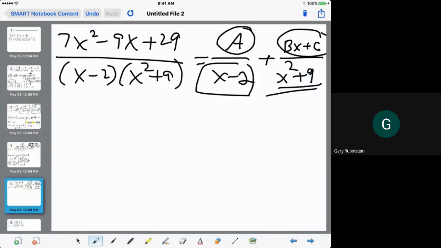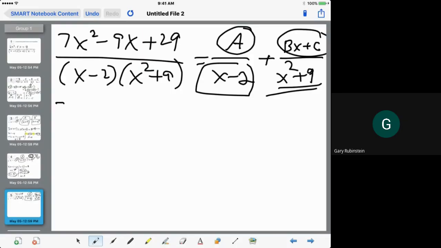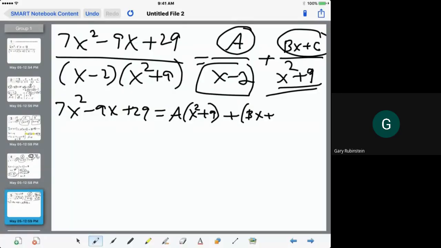If you multiply both sides by this denominator, which is the first step, and notice I was pretty careful to put these parentheses around the bx plus c. Because without those parentheses, it might lead to a complication in the next step.